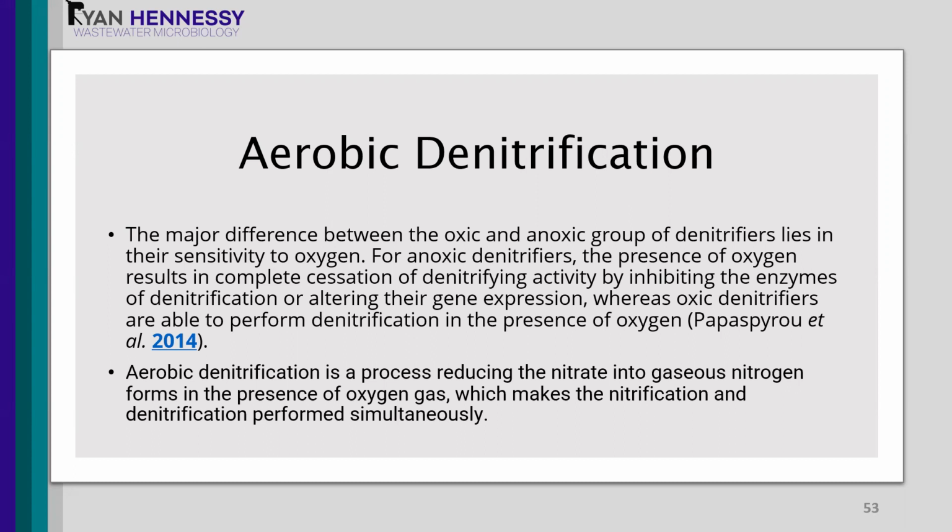It's a process reducing nitrate into a gaseous nitrogen form, even if there is oxygen gas. Those bugs are going to go after that nitrate no matter what. In most bacteria, free dissolved oxygen is going to be inhibitory, but there are some exceptions. I just thought that was worth noting.